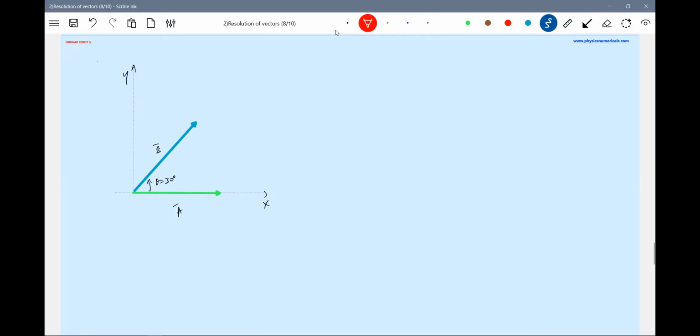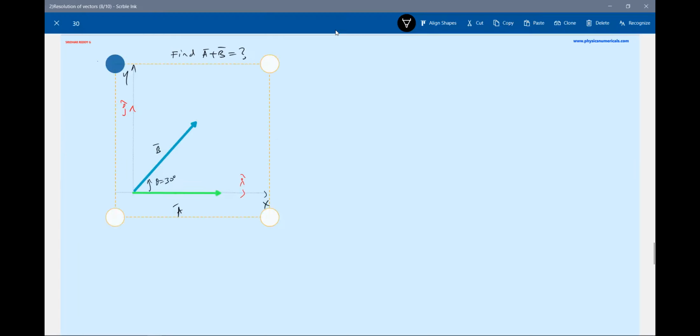There's a unit vector directed along the x-axis. What is the question? Find A bar plus B bar directly, straight away. Okay, so now how to add two vectors?